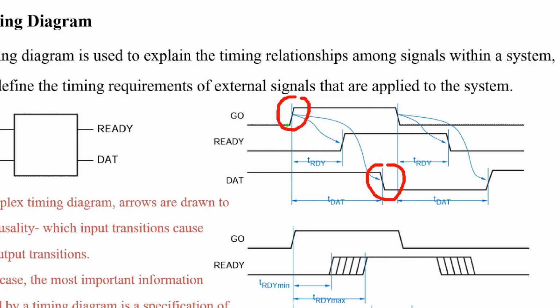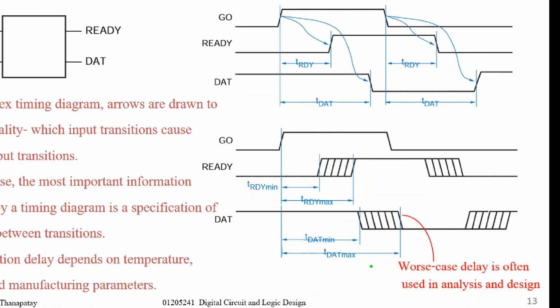So we show this by this arrow, to show that this change makes this output change. And sometimes, for example, this go changes, sometimes the ready signal changes fast, sometimes the signal changes slow. So now we write the worst case.